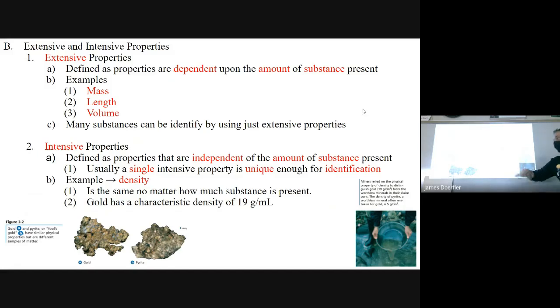And really, no other substance will have that exact density. You might have some that are similar, but a lot of times taking the density of gold was a really good means to verify that gold that was being traded a long time ago was actually gold because of its unique density value.